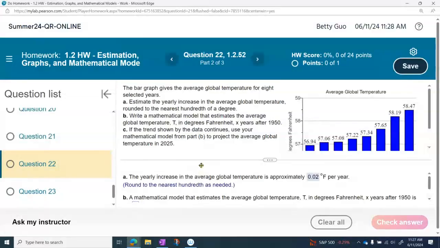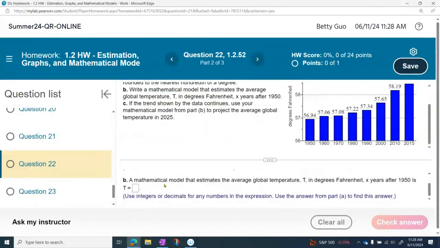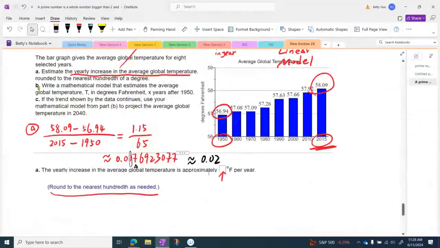Again, part A is to find the slope of the straight line that could model the linear trend in a graph. Part B, let's read part B. Write a mathematical model that estimates the average global temperature T in degrees Fahrenheit X years after 1950.